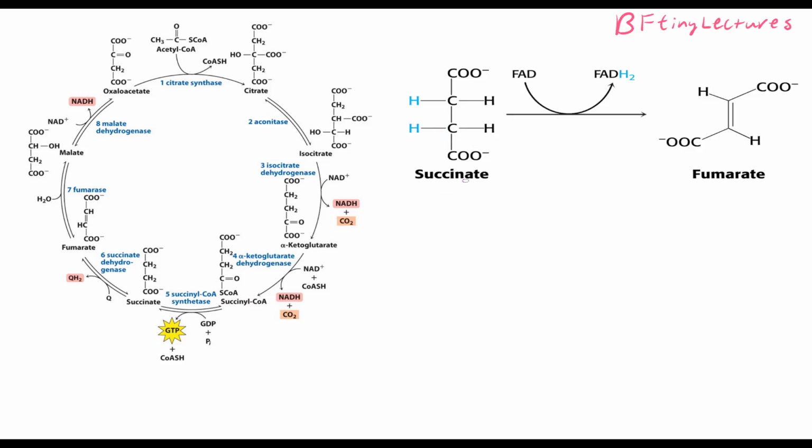Now we will convert succinate to fumarate, right? Before I get into it, this process actually occurs in the membrane of the mitochondria. So let's write it down: this occurs in the mitochondria membrane.